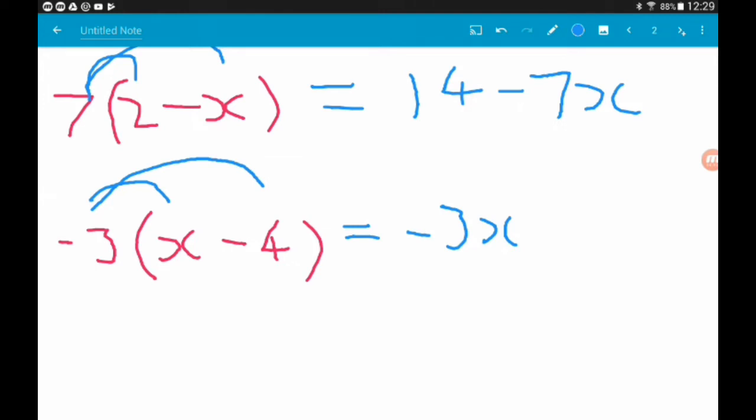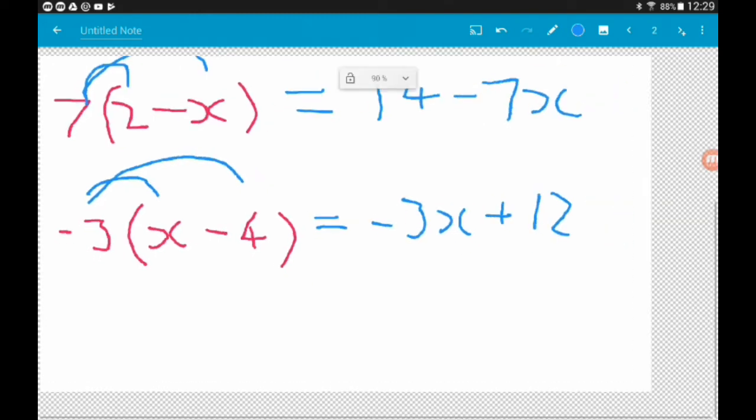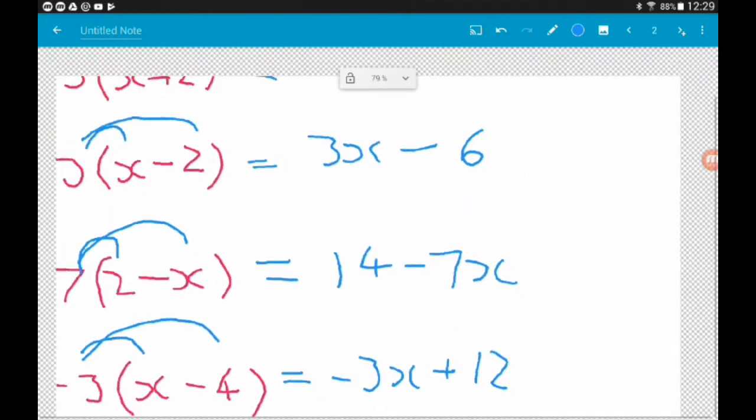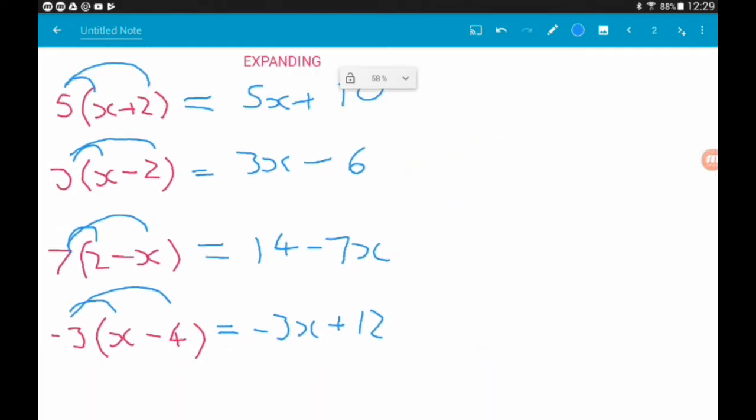So minus 3 times minus 4. Now a negative times a negative becomes a positive. So this is going to give us plus 12. So these four here are the expanding part of expand and simplify. So now we're going to have a quick look at simplifying, and then we're going to smush it all together.